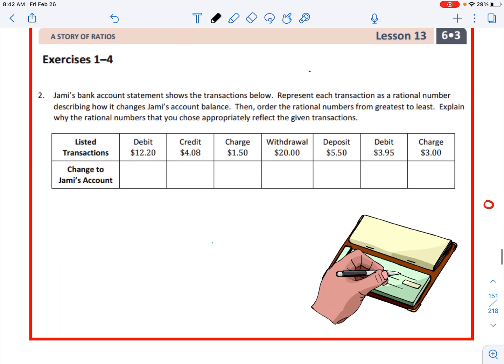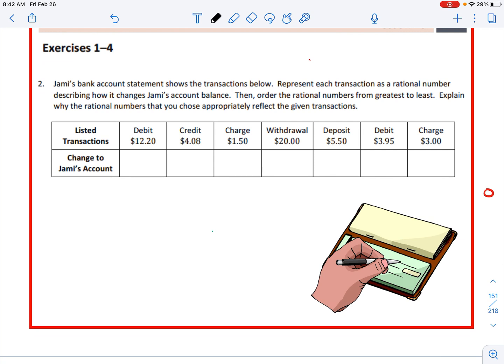Okay, now, number 2 says Jamie's bank account statement shows the transaction below. Represent each transaction as a rational number, describing how it changes Jamie's account balance. Then order the rational numbers from greatest to least. Explain why the rational numbers that you chose appropriately reflect the given transactions.